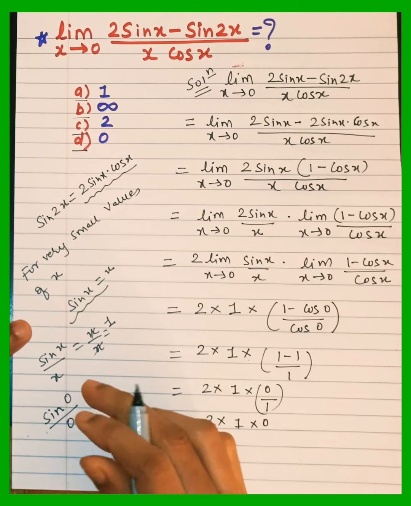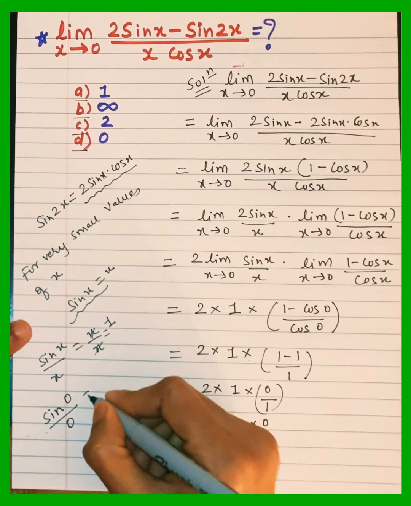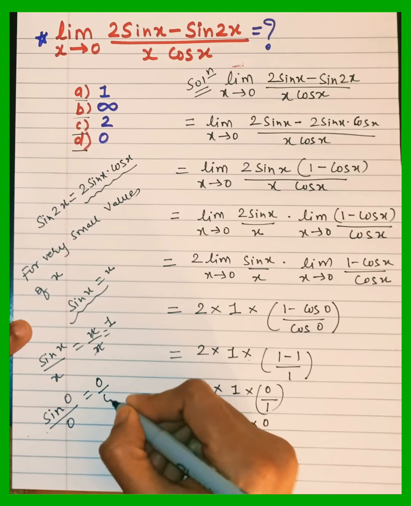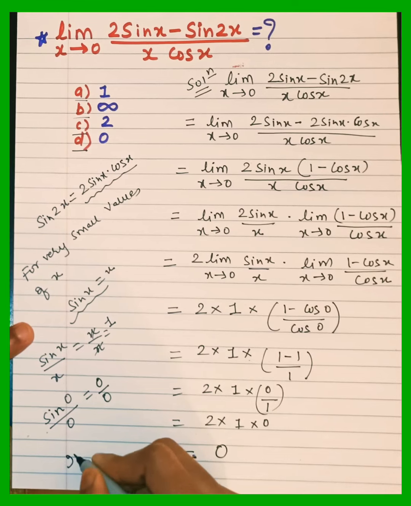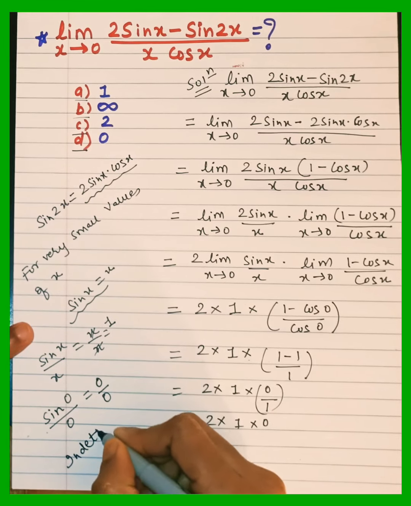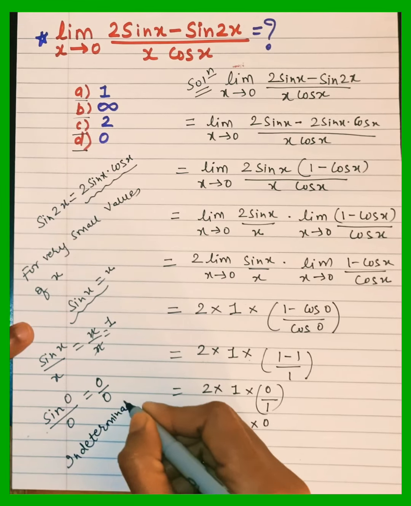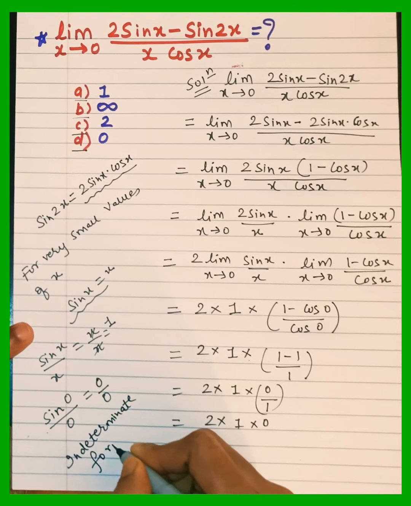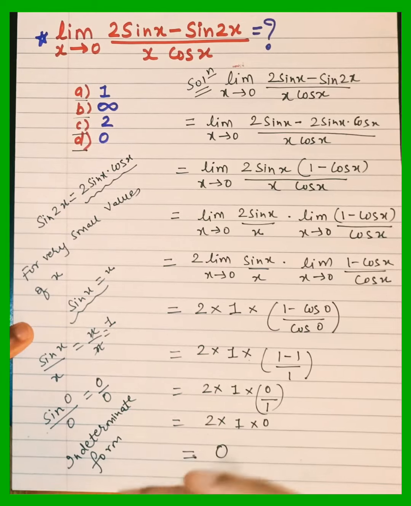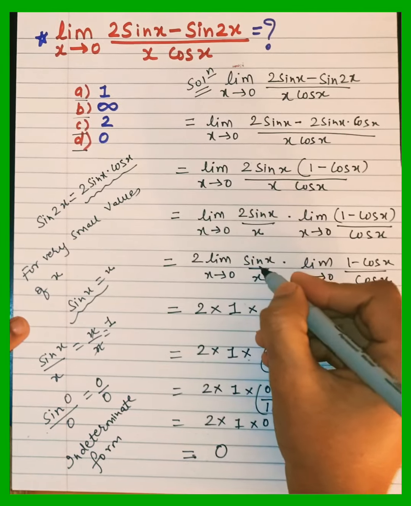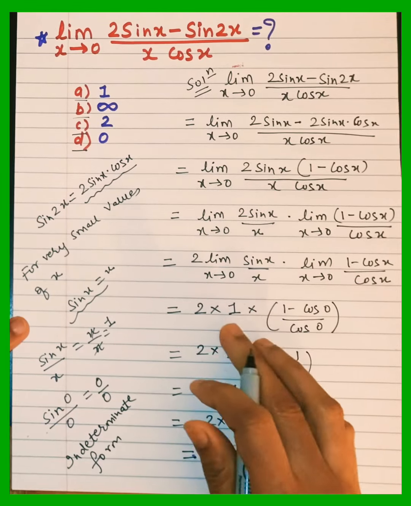Sin 0 is 0, so you will get 0 upon 0, which is an indeterminate form. So we won't get any value. That's why here we take the value 1 this way.